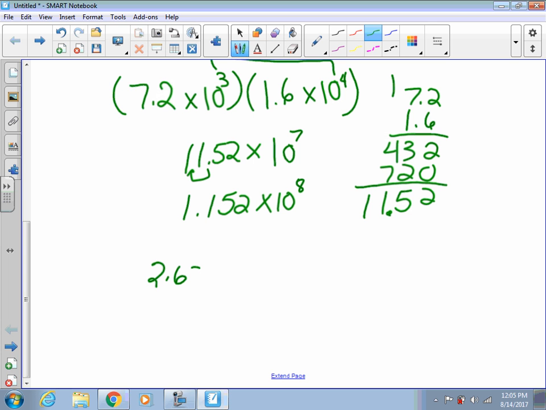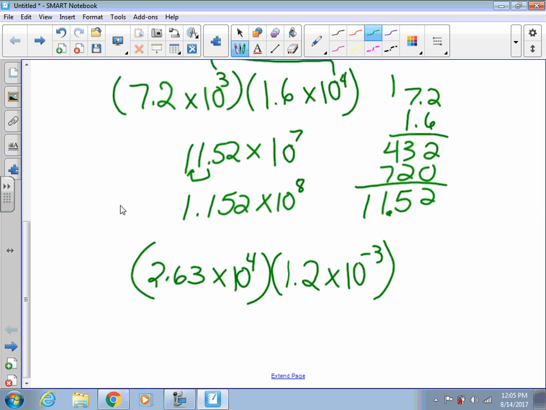2.63 times 10 to the 4 times 1.2 times 10 to the negative 3. Well, if we follow our rule of adding exponents with like bases, we're going to have 4 plus a negative 3, which is 10 to the 1.